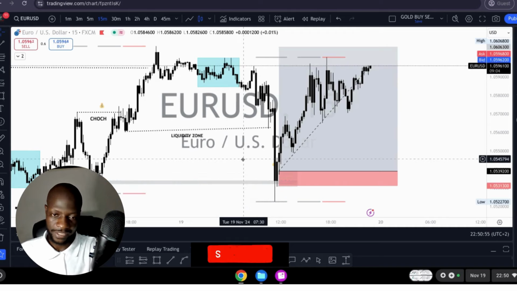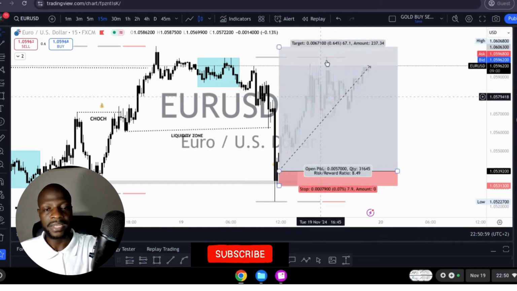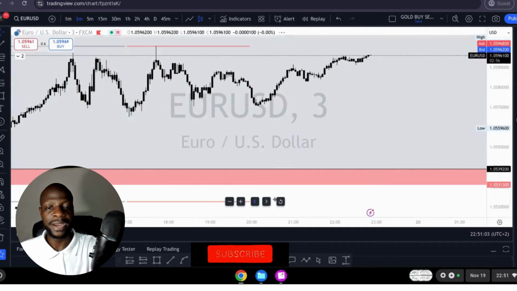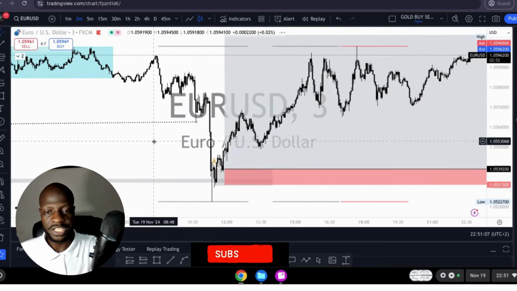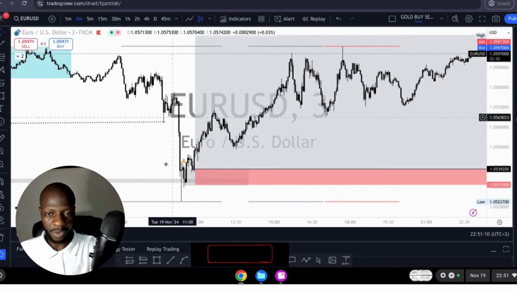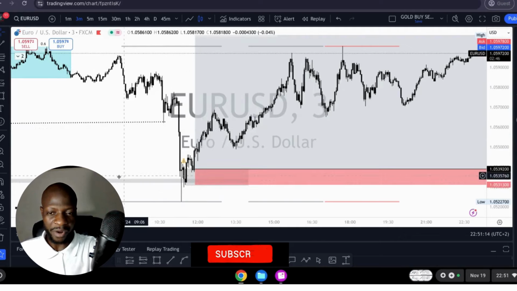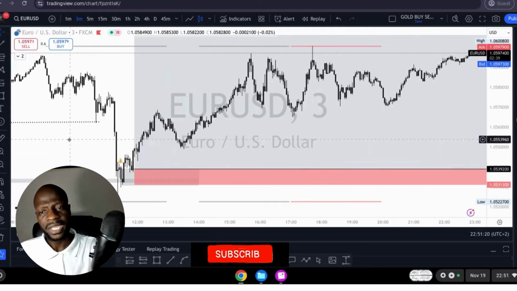Then after that, that's when you wait for the market to give you a change of character, to tell you that the market is now changing direction. The market was going down, took out all the lows, all the sellers here, and the buyers who were trying to buy from here, and all the breakout traders were taken out. And guess what happens?